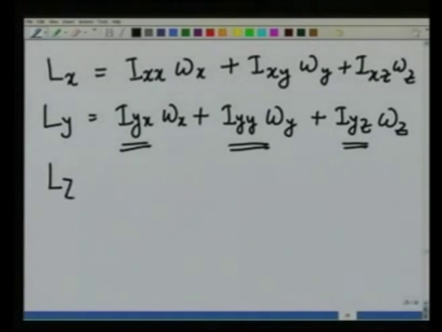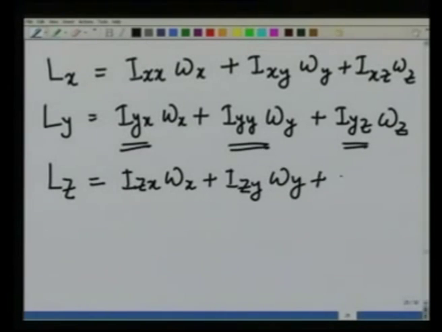Lz similarly would be Izx omega x plus Izy omega y plus Izz omega z, where Izz is the moment of inertia about the z axis, and Izy and Izx are products of inertia.